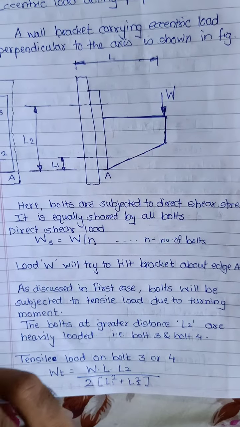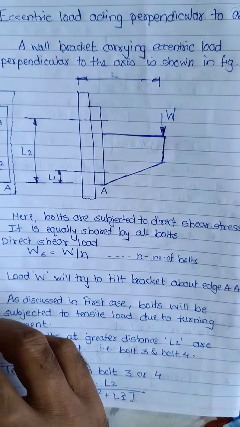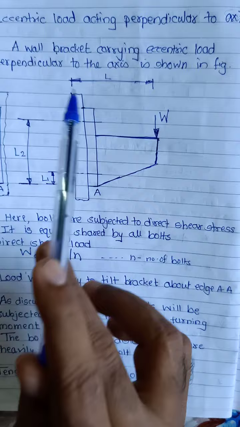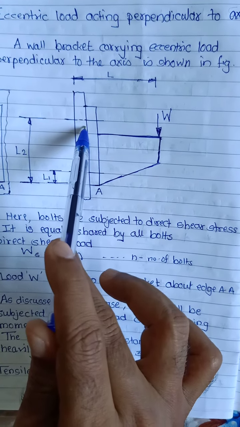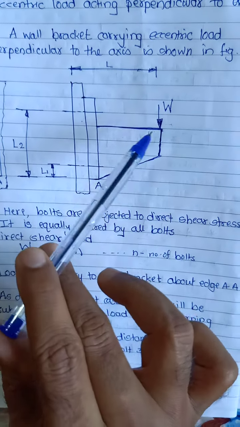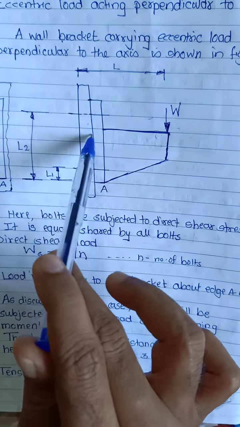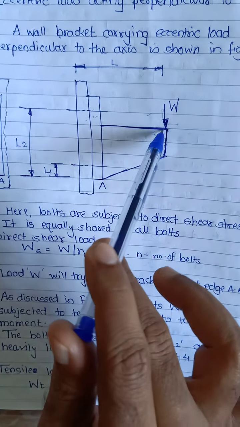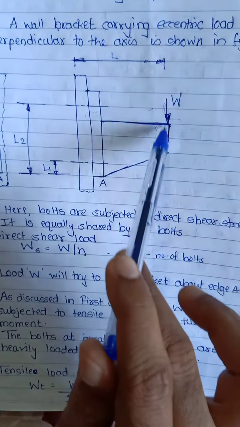The first difference you can see compared to the first case is the cross sectional area, which is offering resistance to this W. I am talking about the cross sectional area, not the axis. The axis is perpendicular here.